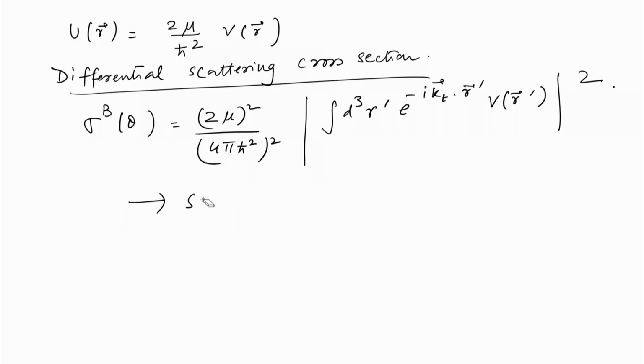So, the scattering cross section is a Fourier transform of the potential.